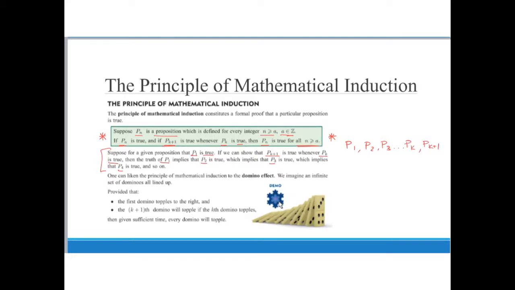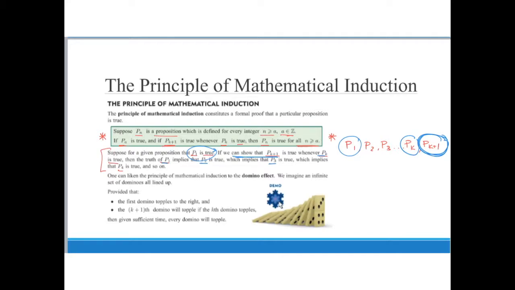So what it's kind of saying is if we know that P1 is true, and we can show, and this is what induction is, that this one is true whenever we know Pk is true, or we assume Pk is true, then the truth of P1 implies that P2 is true, P3 is true, and then P4 is true. So if you can show that this one works, it will prove that they all therefore are true.